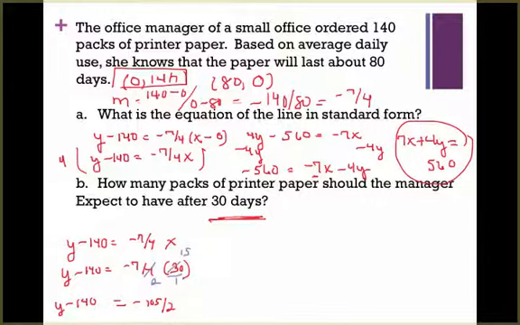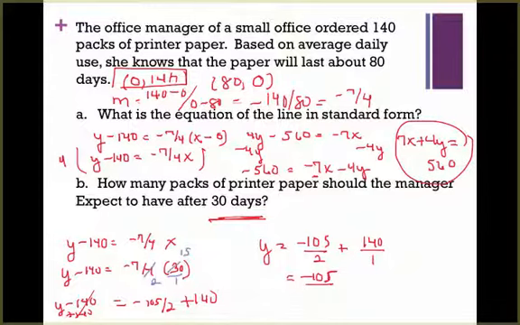But we want to get y by itself, so we'll add 140 to both sides. So those are going to cancel. We're going to get y equals negative 105 over 2 plus 140 over 1. But that would be a common denominator of 280 over 2.